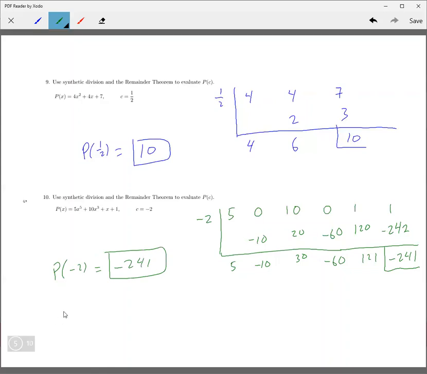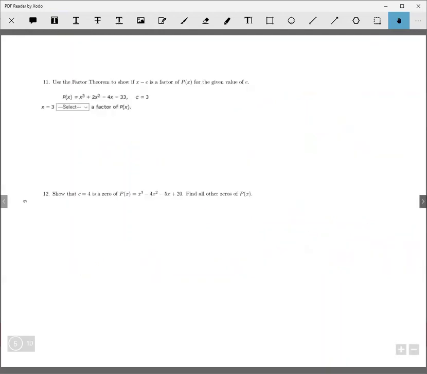Okay. Technically, if you wanted to find P of negative 2, doing the straightforward way, you would just put a negative 2 into here, and here, and there, and it would be negative 241. Okay, so factor theorem. This is a new concept, I suppose, that we haven't talked about yet.